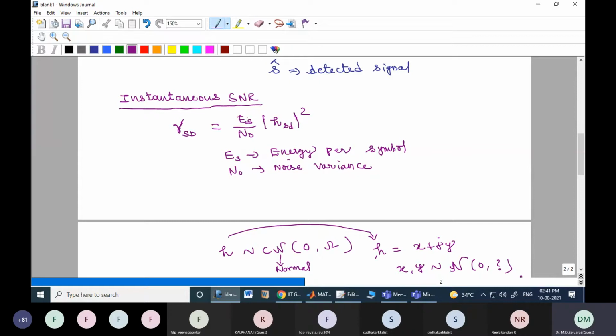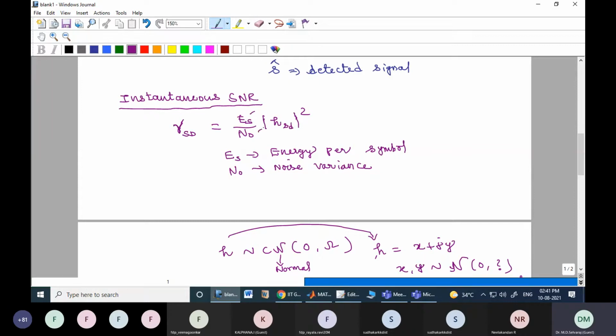ES is a constant, N naught is a constant term, whereas this portion is a random variable. So the gammas are exponentially distributed random variables.